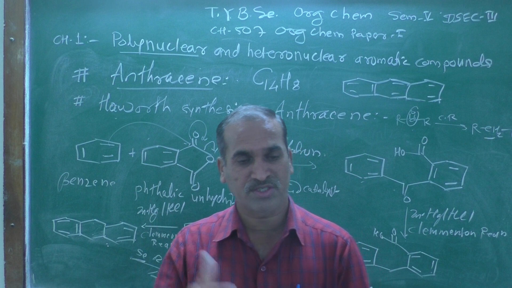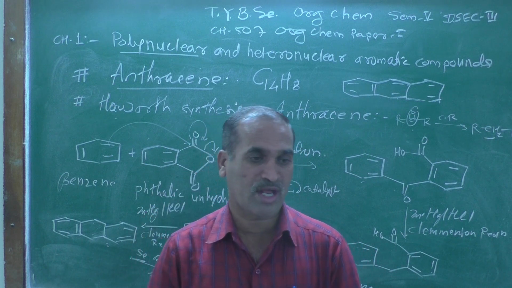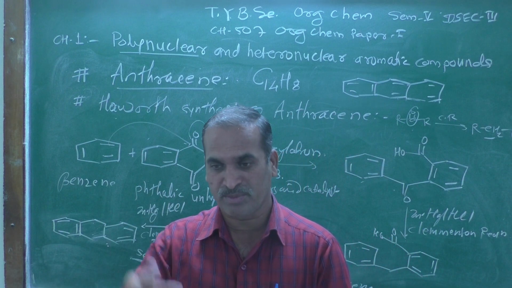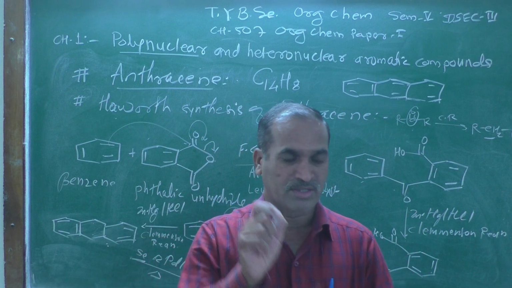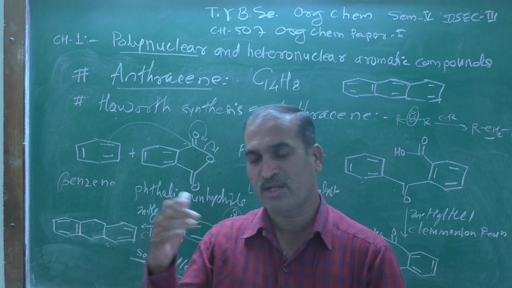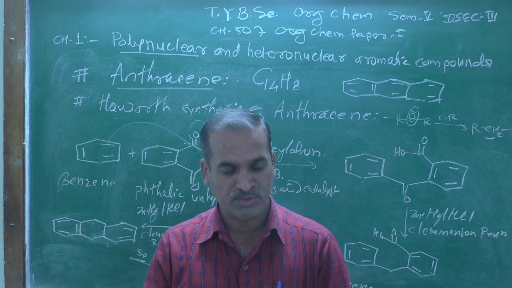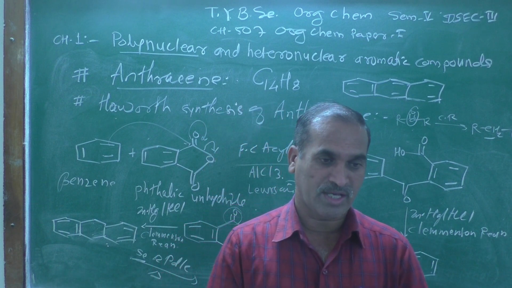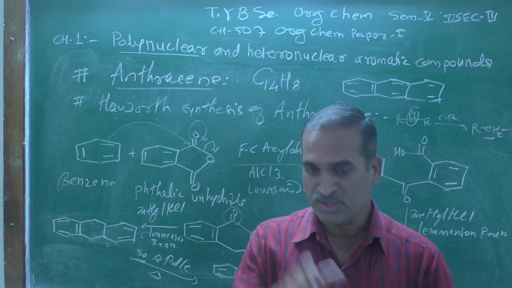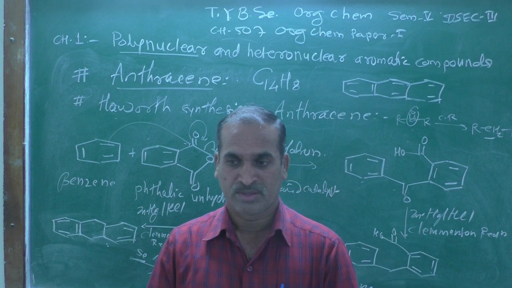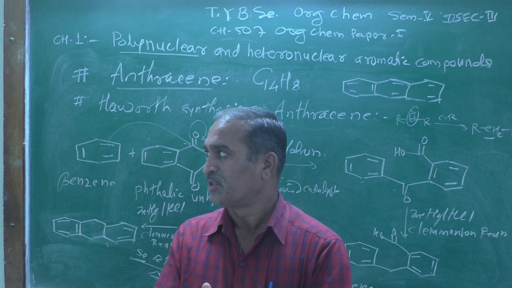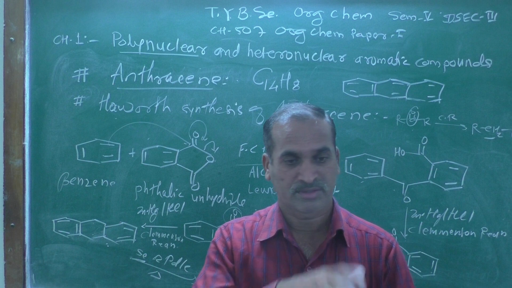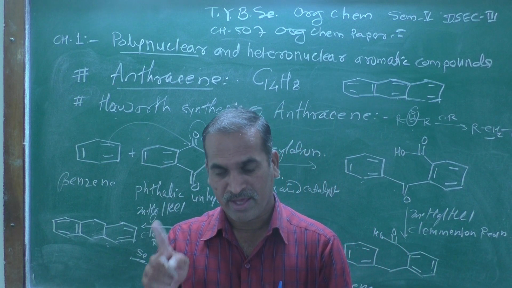The stabilization energy of benzene is very high, 36 kilocalorie per mole, which is called the resonance energy or the stabilization energy. But in the case of anthracene, there is only 28 kilocalorie per mole, and therefore it is aromatic but less aromatic than benzene, and therefore there are some differences in the behavior of anthracene.